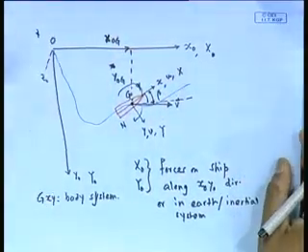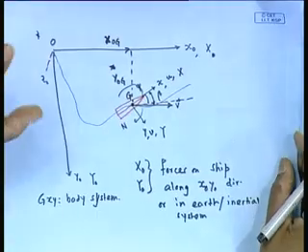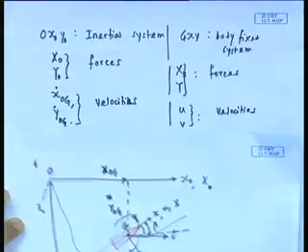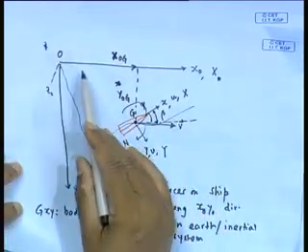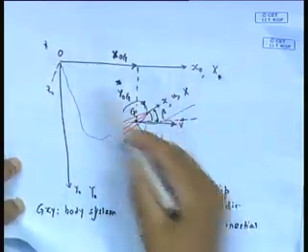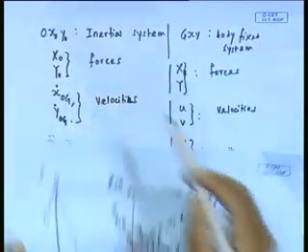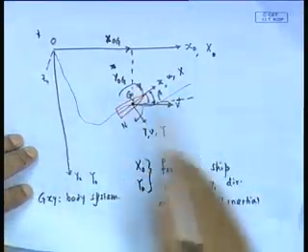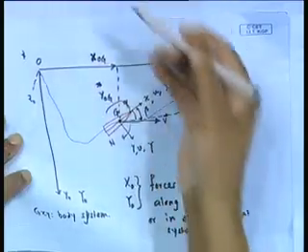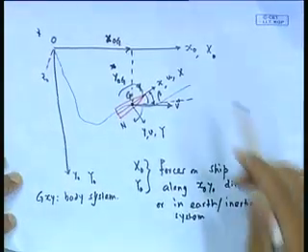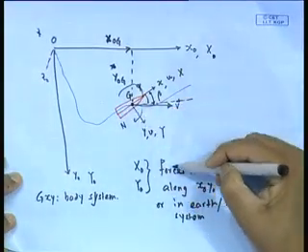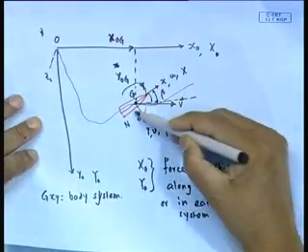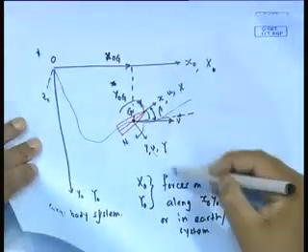So, as far as the moment is concerned, N0 and N are the same. If I take the inertial system, my forces are X0, Y0, my velocities are x0 dot, y0 dot along those directions, and acceleration is the next derivative. But if I take the body system, my forces are X and Y, velocities u and v, and acceleration is the dot.